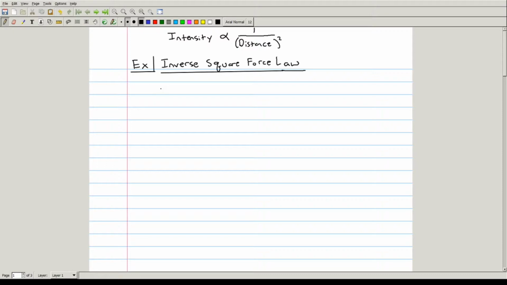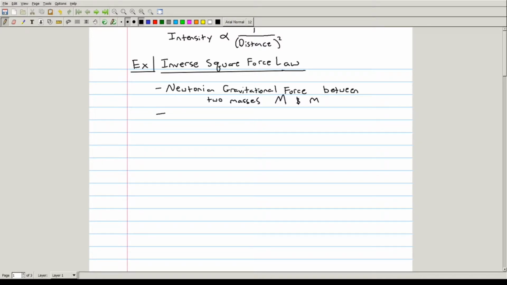The first is with a Newtonian gravitational force between two masses. A little bit later on, we'll use capital M for one mass and lowercase m for another mass.